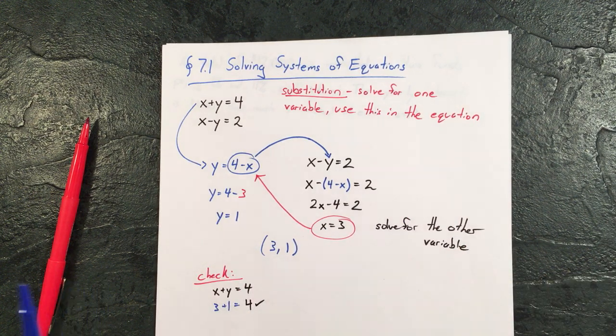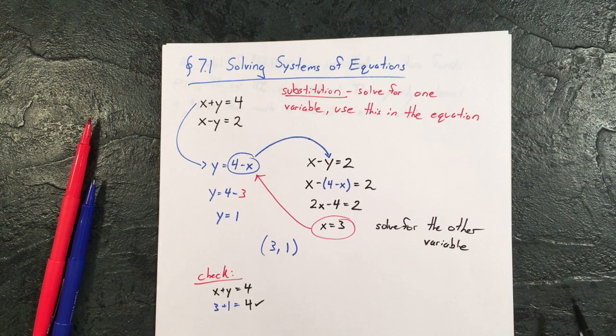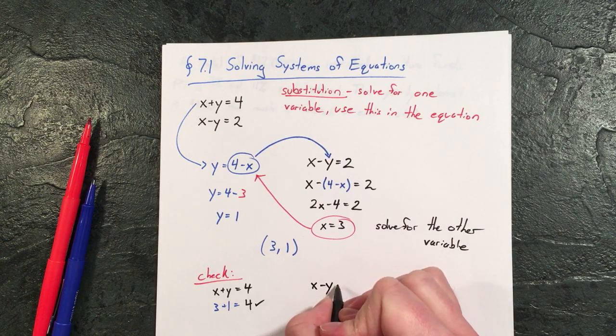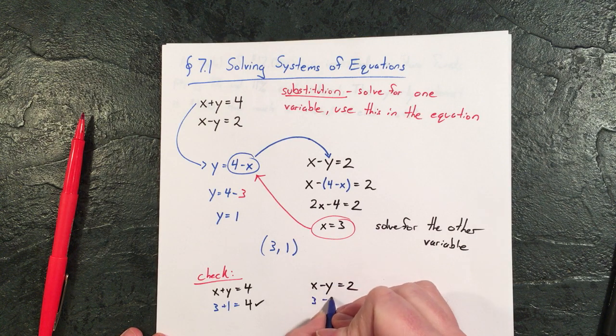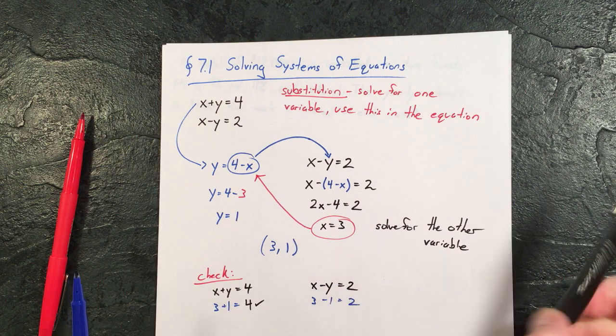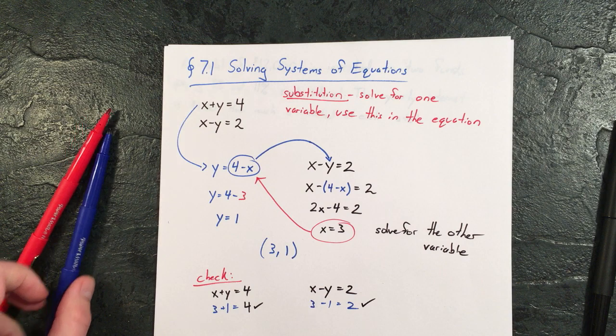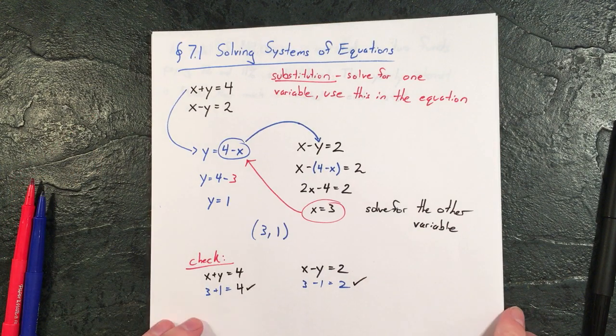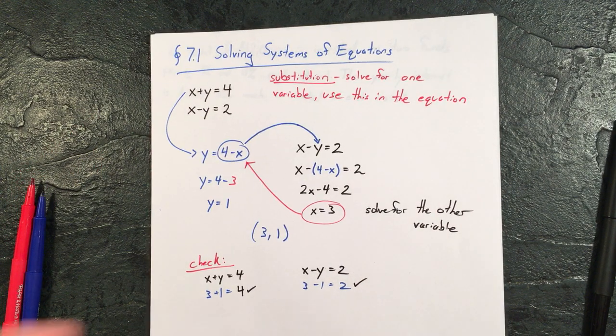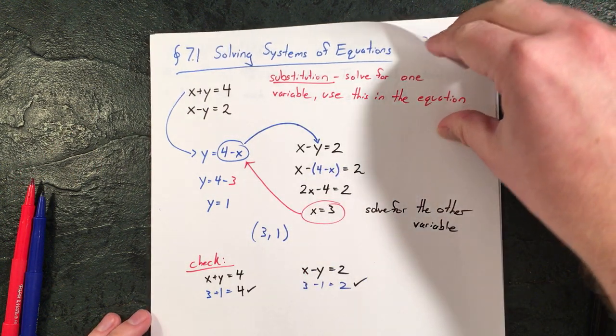Yeah, pretty sure it does. It's good to always check it in both of them, so our other equation. Okay, some more advanced math here. Does that equal 2? Yeah, still feeling pretty good about that. Hopefully this is something you've seen before last year in Algebra 2. If not, we're going to be working on it throughout this whole section.